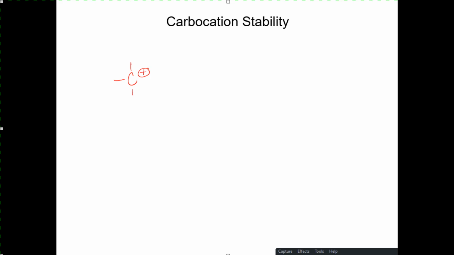They only have 6 valence electrons. Anything I can do to push the electron density of carbon closer to 8 is going to make this carbocation more stable. The problem is I can't get it to 8, right? Because then it wouldn't have a positive charge.